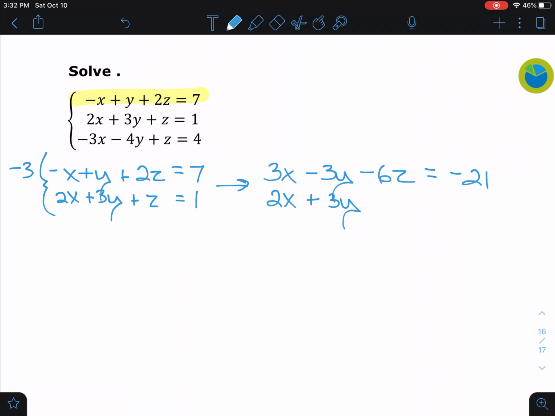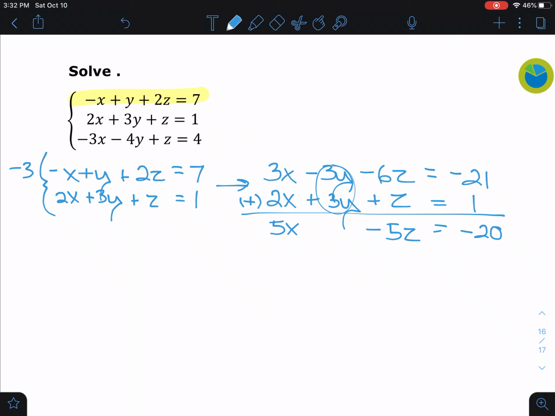Okay, second one I can just copy. Notice my y's are opposites now, so now we're going to put these together. Okay, so I have 5x, y eliminates, minus 5z equals -20. Notice I left a little space in there. That's okay, just so I don't get confused.